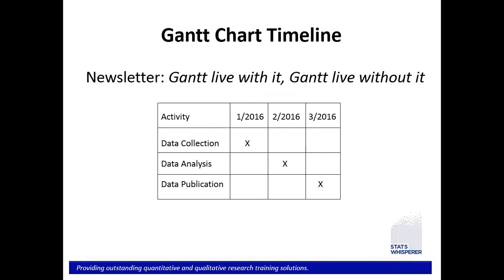Data analysis occurs with the X intersecting with 2/2016, and lastly, data publication with 3/2016. So this is a useful tool right after the conclusions. The reader can see all the activities associated with the study and when they're going to be implemented.